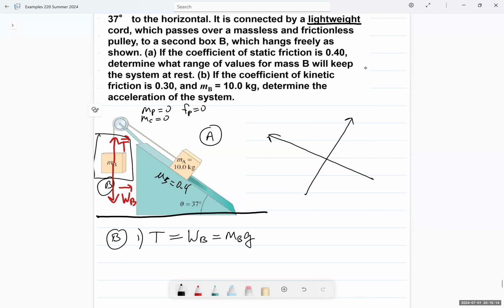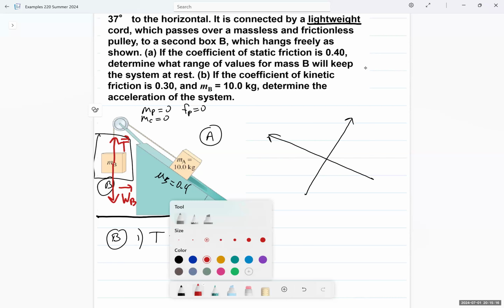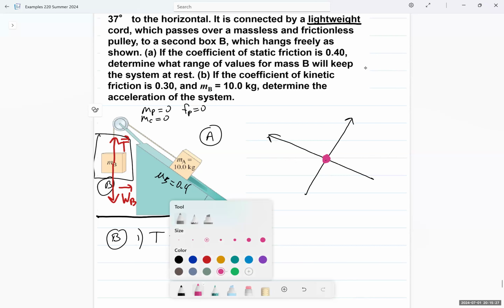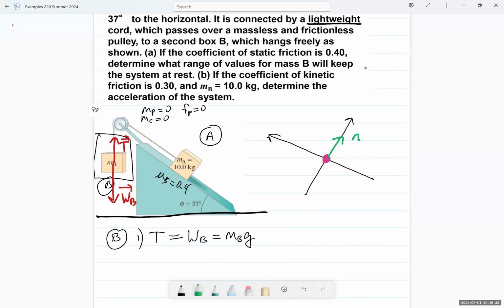And what we have here is, so here's A as a point particle, and I have a normal force acting in this direction.